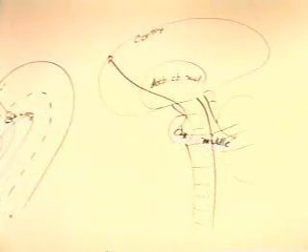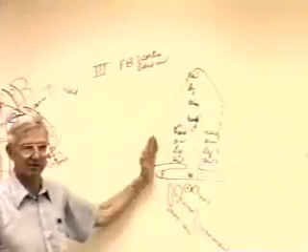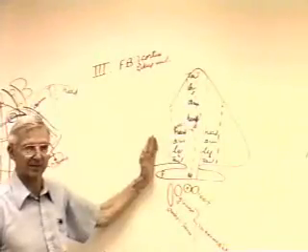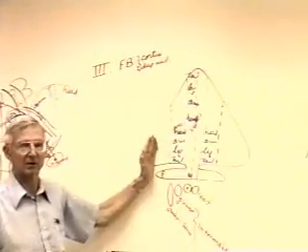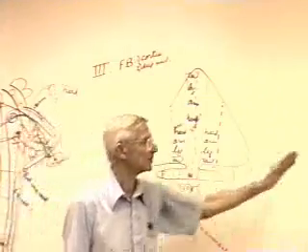Going to vermis, paravermis, and lateral cortex. And ending as what kind of fibers? Got it. Mossy fibers.